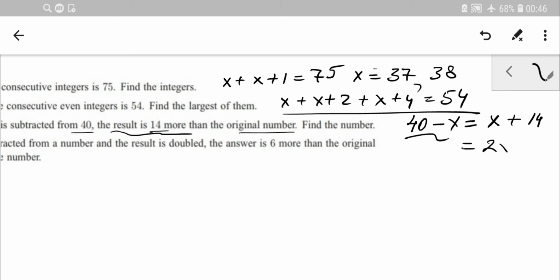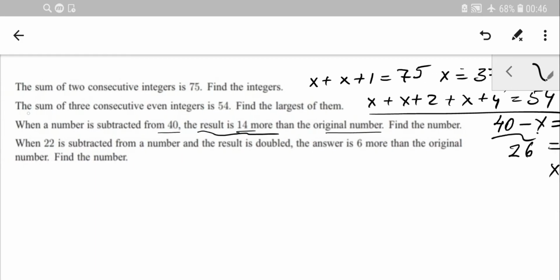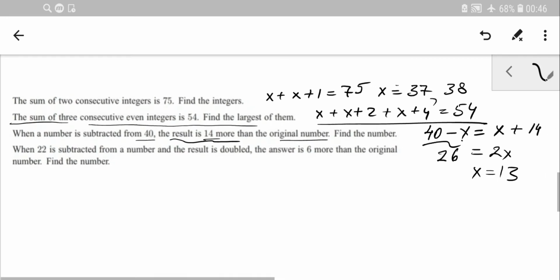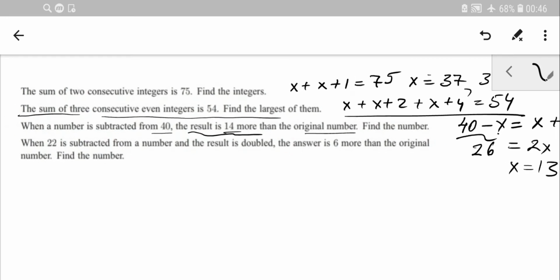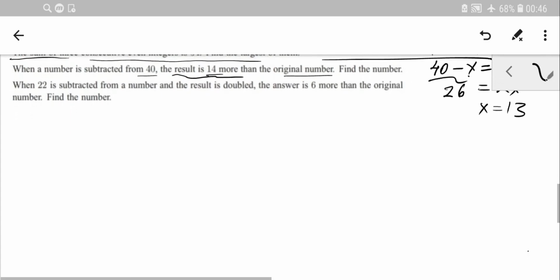You'll get 2x because you transfer negative x to the right side, and 14 you subtract from 40. You'll get 26, so x is just 13. Oh, actually, we skipped that one. Oh, no, we didn't skip. We just created an equation. So next one, the last one, I guess.